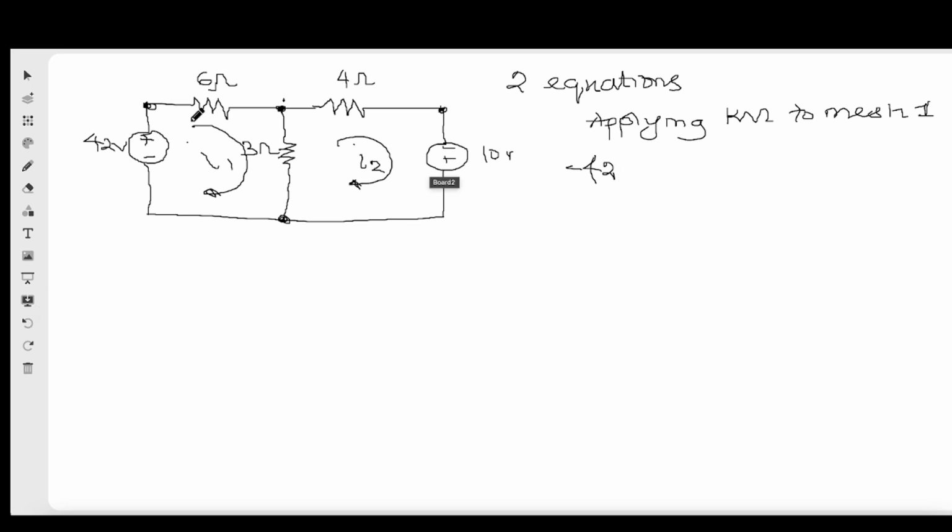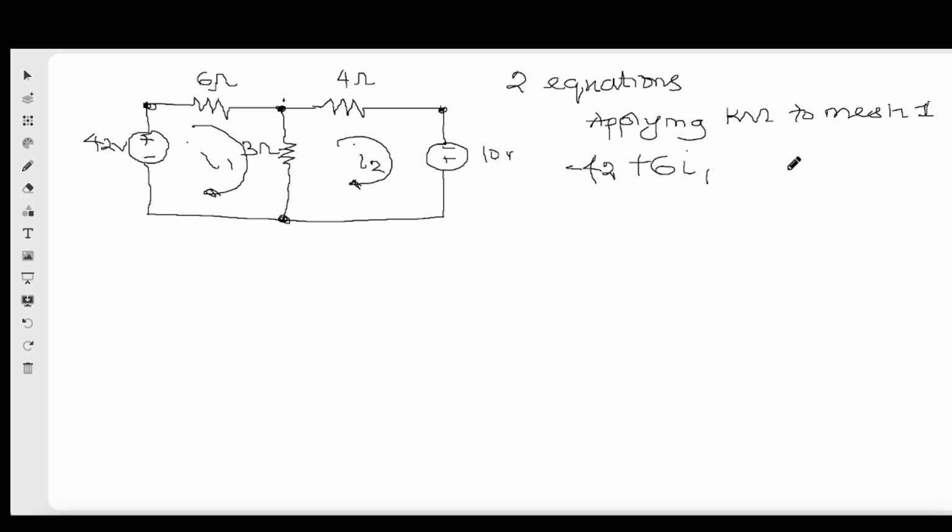Then when it gets to 6, remember we are applying Kirchhoff's voltage law. So the voltage drop on 6 will be what? 6 times I1 using Ohm's law. So plus 6I1, and when it gets to 3, the current on 3 is what? I1 and I2 are affecting 3, right? Since we are going clockwise, I1 is going in the same direction, but I2 is going in the opposite direction, anti-clockwise.